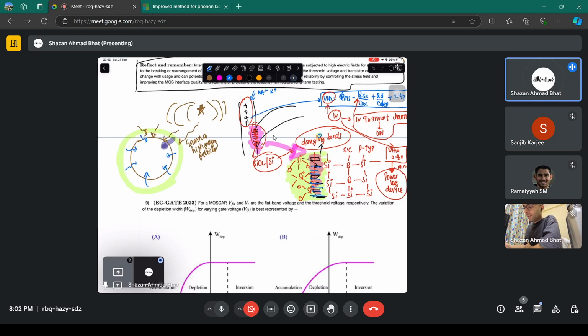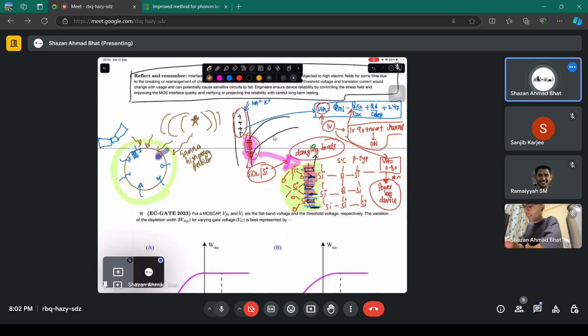On Earth, even in space, we have satellites, mobile phones, and other electronic gadgets. If these high energy particles hit a mobile phone or laptop, and hit a transistor in the electronic circuit, they can create electron hole pairs.